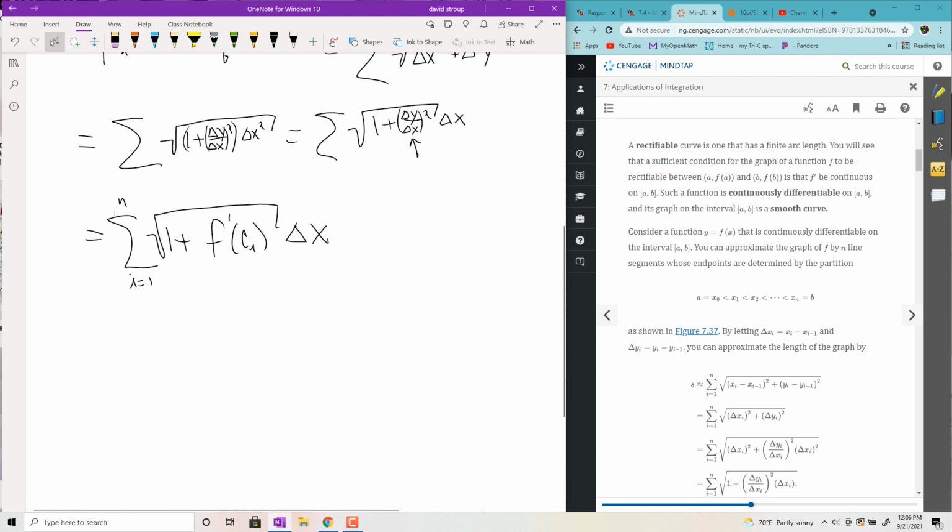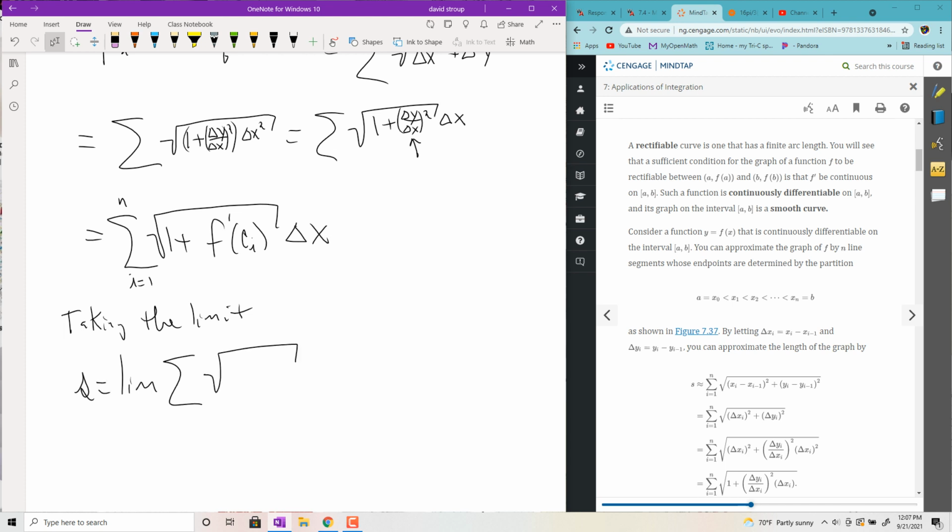It's kind of a Riemann sum. It's not quite because we don't have an x sub i in there, but we're going to be able to take the limit of this thing. So taking the limit, we have the exact value of the arc length will be the sum of these little distance increments.